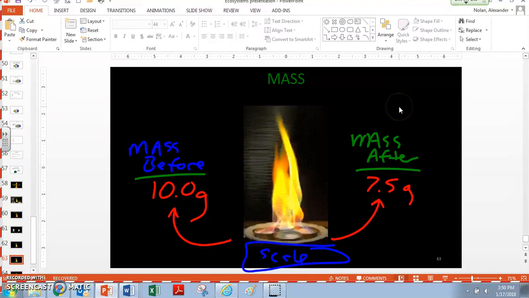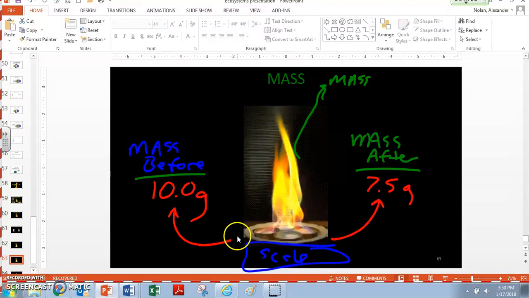The ethanol actually has mass escaping from it. There's some kind of mass which is leaving the ethanol, which seems to make sense. I mean, that seems logical. But we can actually use a scale to figure that out. We're losing mass.